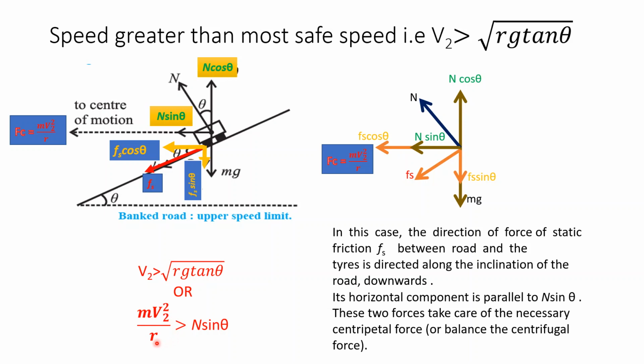So it is found that the horizontal component of Fs, that is Fs cos theta, and N sin theta are both parallel to each other, and these two forces take care of the necessary centripetal force.